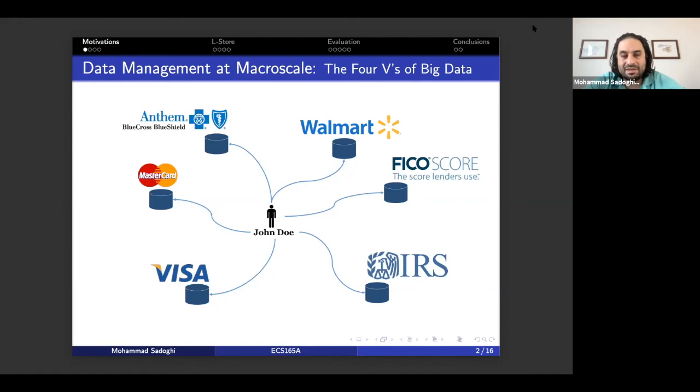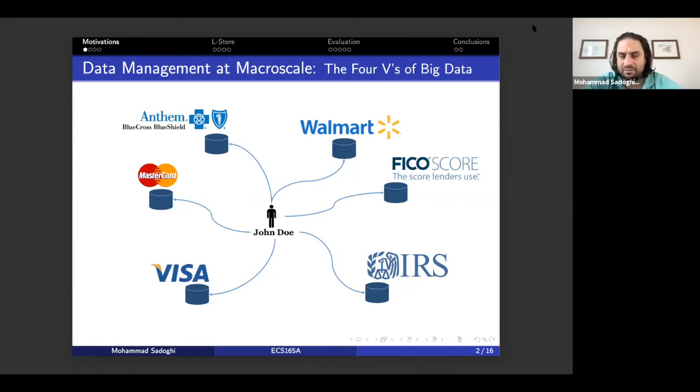And so at this macro scale, we always find that there's an integration problem, and a lack of coherency to be able to form an image of all the data of this individual. Of course, there are a lot of important privacy and ethical issues.